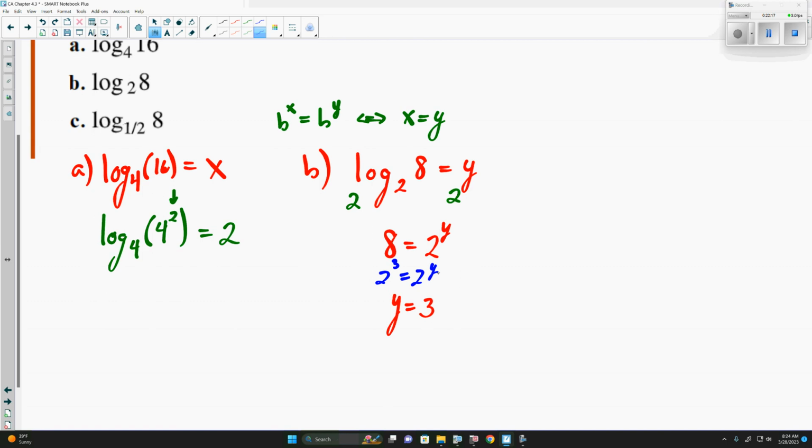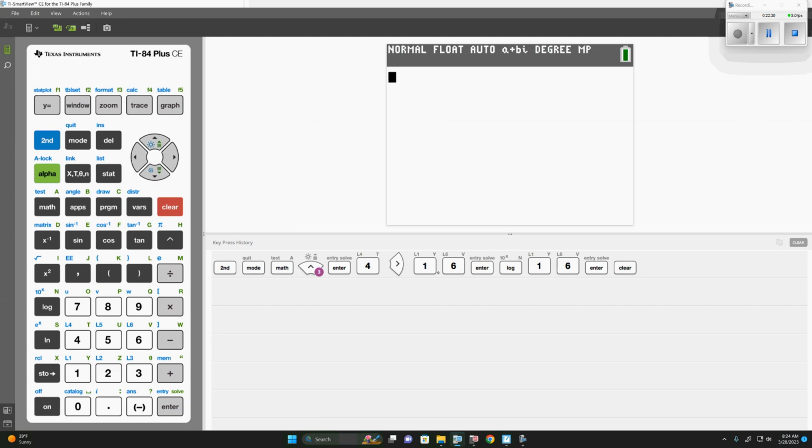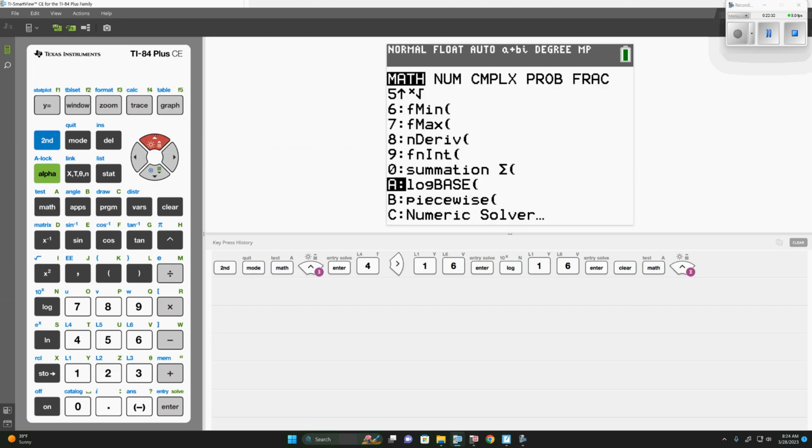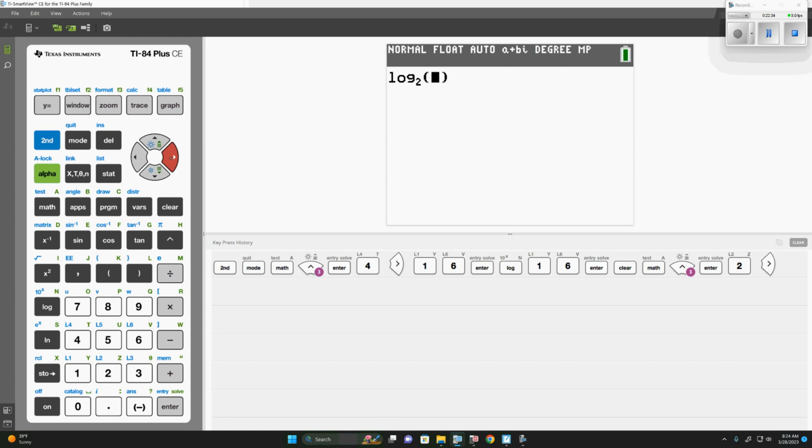And using this one-to-one is nice, especially when we start having variables put in other than the ones we have, or that are not going to be nice. Now we could have also come over here, said math, log base 2 of 8 is 3.